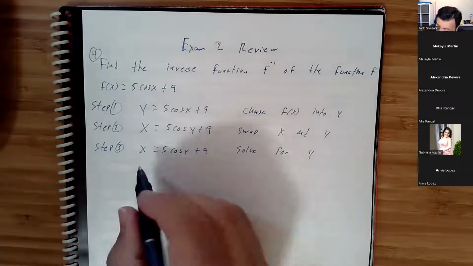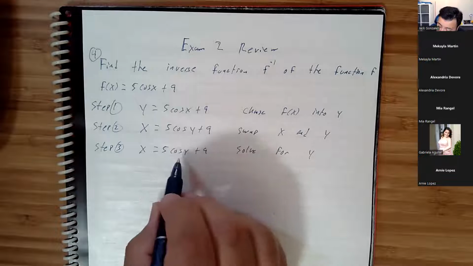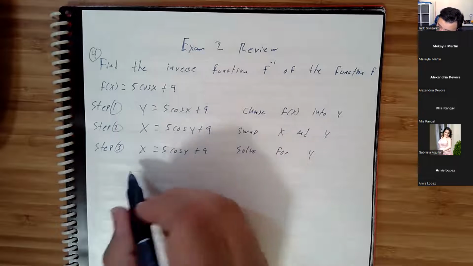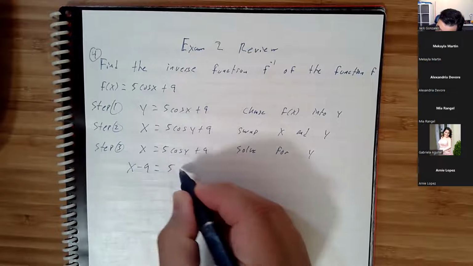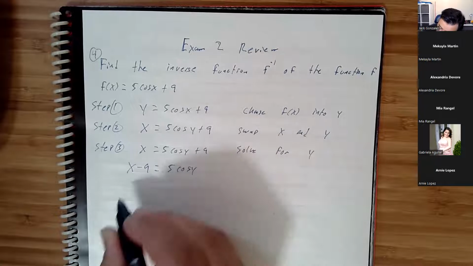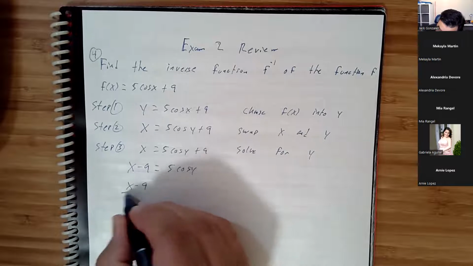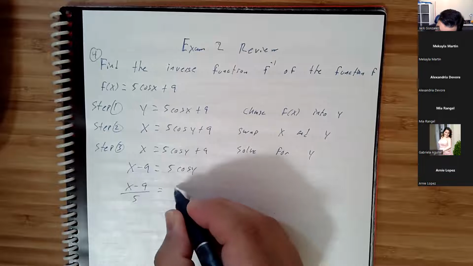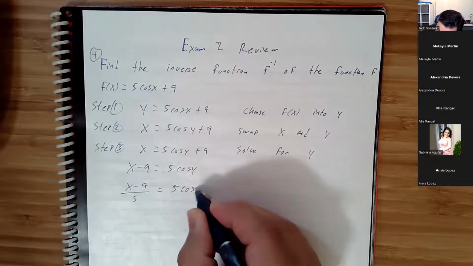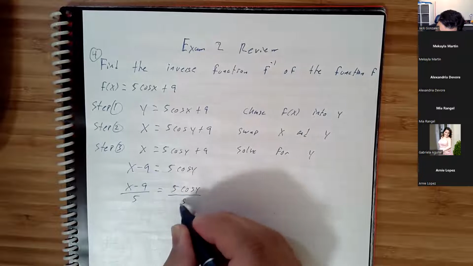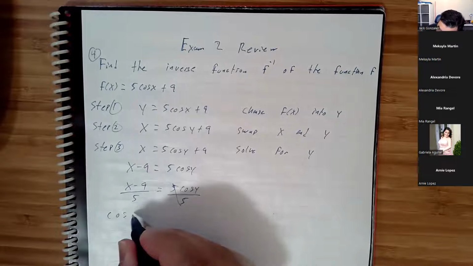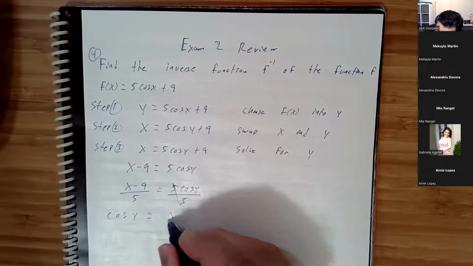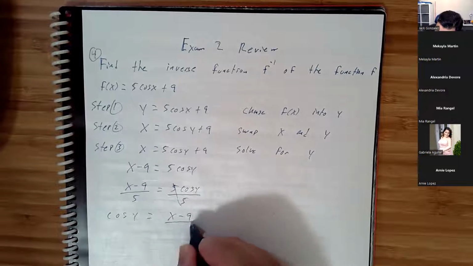All right, so here we go. Isolate cosine is the first thing you've got to do. So I'm going to subtract 9 from both sides, then divide by 5. That gives us cosine y equal to x minus 9 over 5.